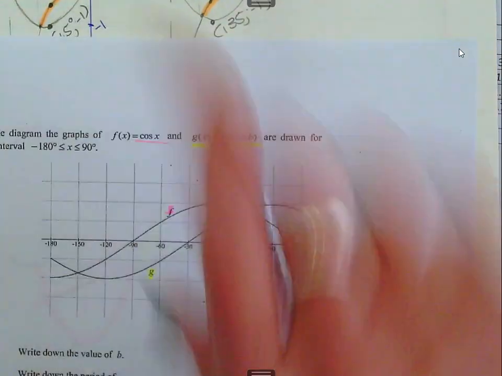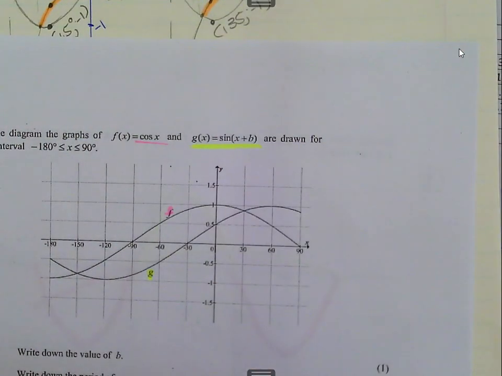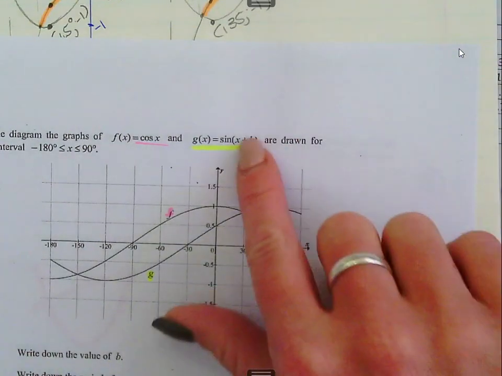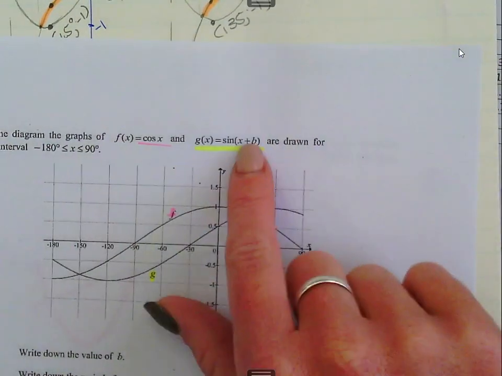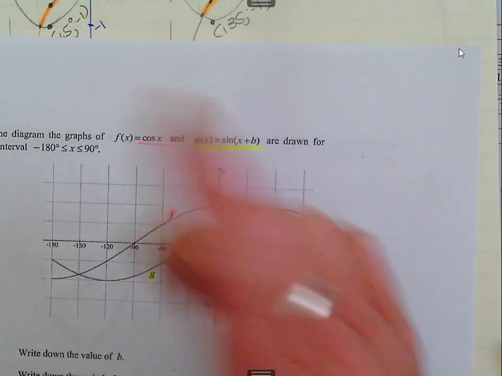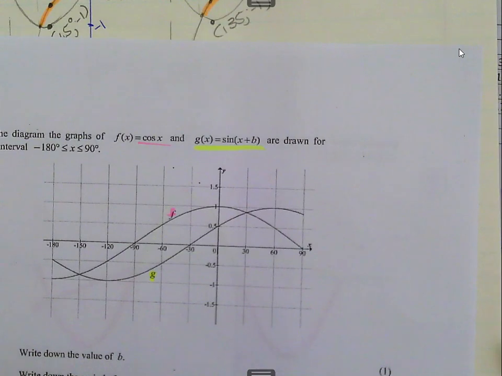Right, but this graph has been shifted. Its amplitude is fine. Its period is normal, 360 degrees, because b value is 1. But because of that variable there, I know the graph has been shifted. So the standard sin, where is it supposed to start? 0 and 0. It's supposed to start there.